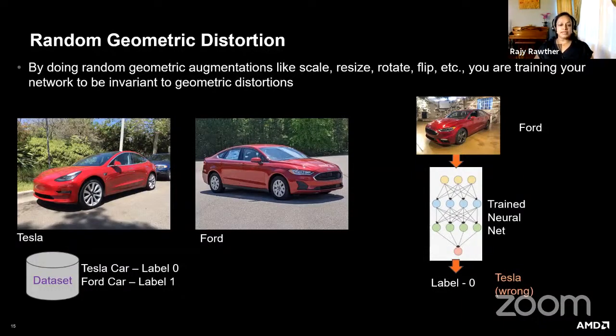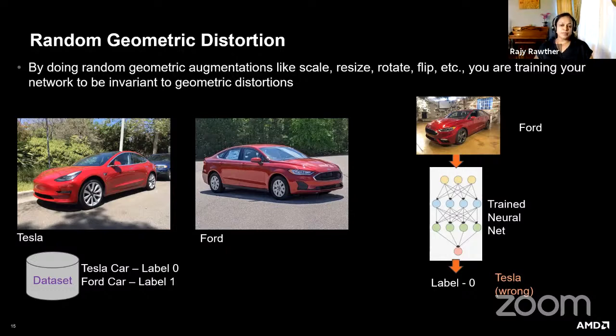Your Tesla cars were labeled as 0 and Ford cars were labeled 1. And you train on your data set without doing any random augmentation like rotation, flipping, scaling, or something. Then you have your trained neural network model, and at the time of testing, you give it a Ford car which is facing left.